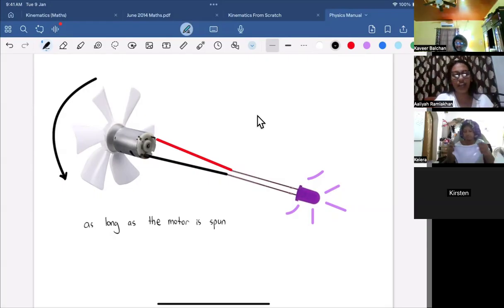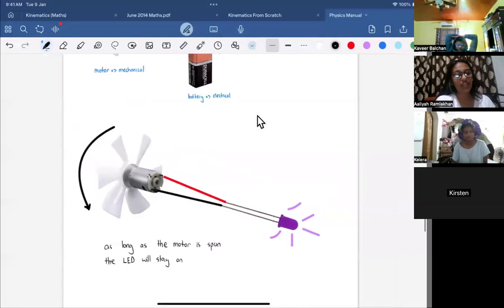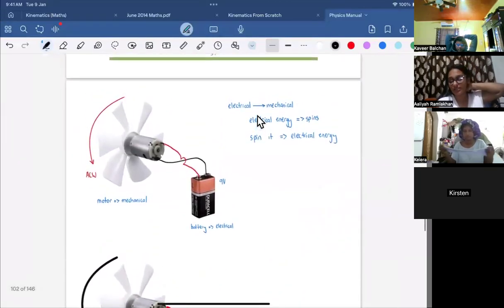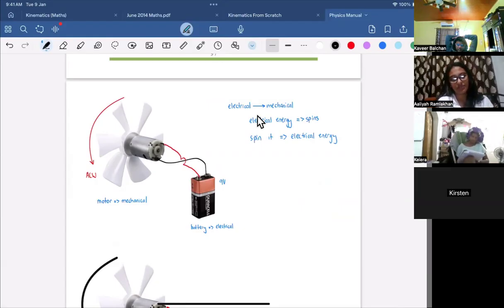As long as the motor is spun, keep it here. We have to draw that, a sketch of it. I could draw a sun and then the light. What, a sun on the light? I can't draw a motor.